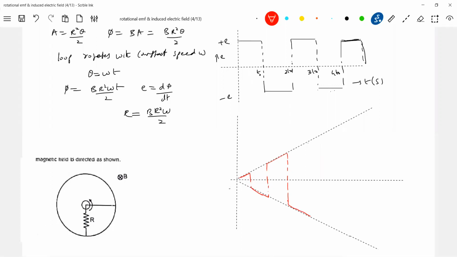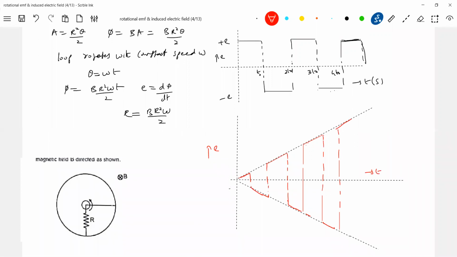No? What is the time taken for equal angular displacement in angular accelerated motion? It should keep on decreasing. So make it like this, you keep on decreasing here. This was the EMF.